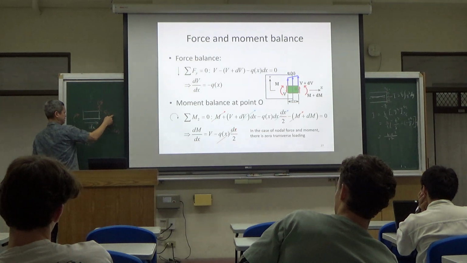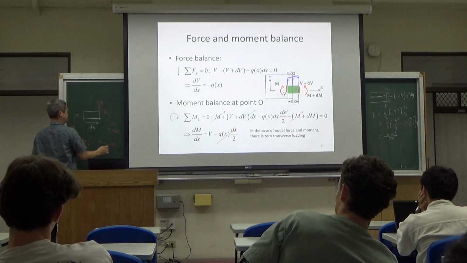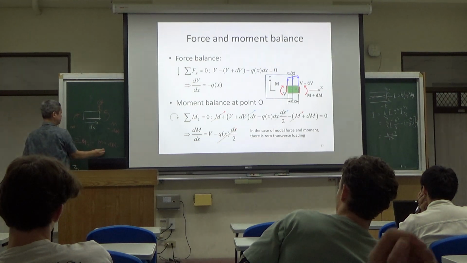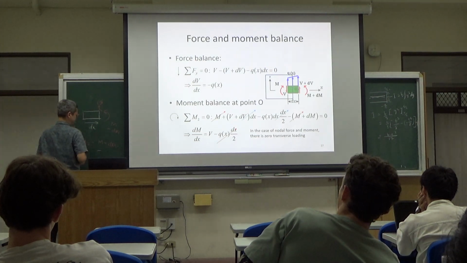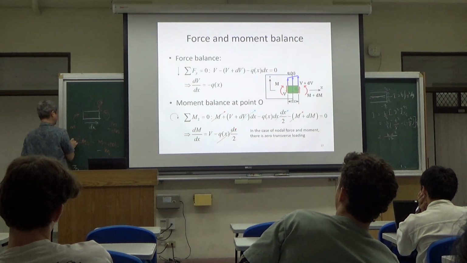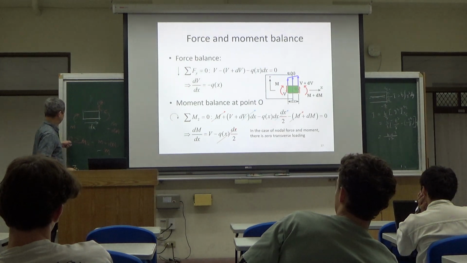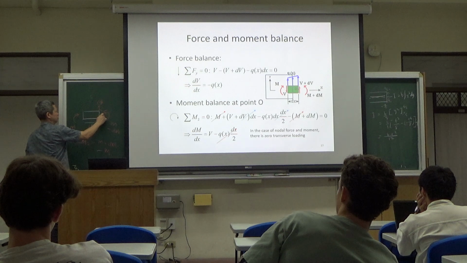Then this one is n plus dn, minus n. It's already taking the convention of counterclockwise positive moment.